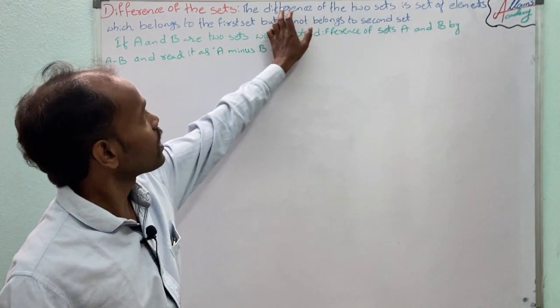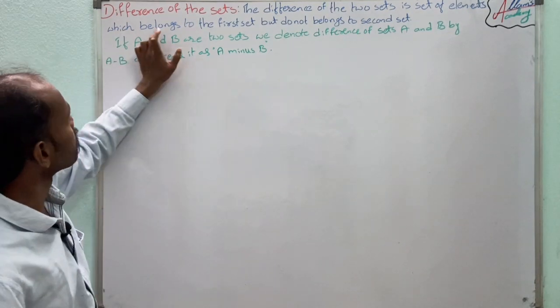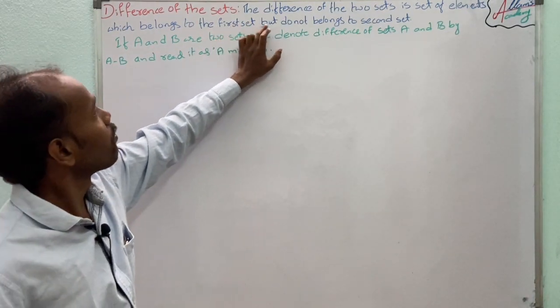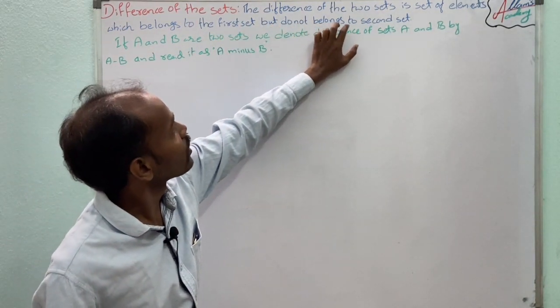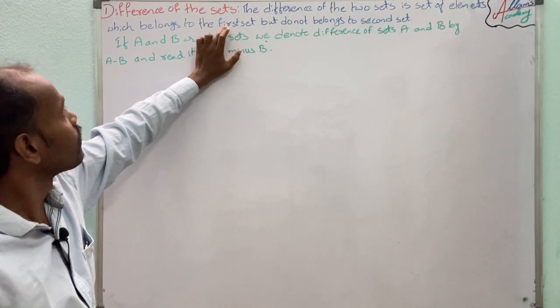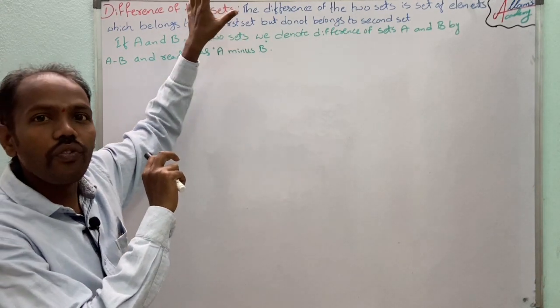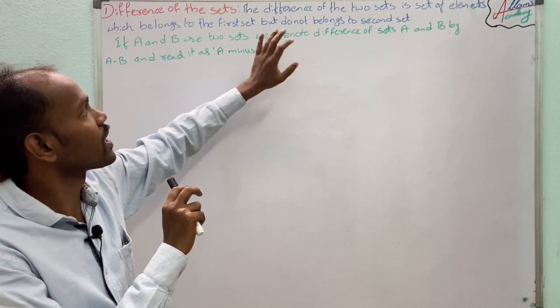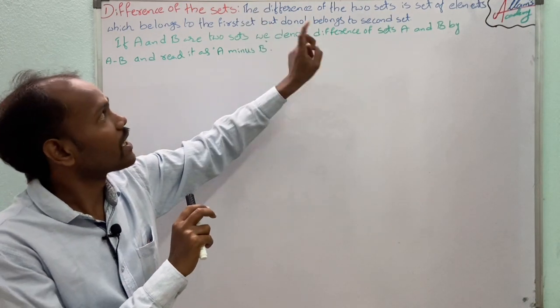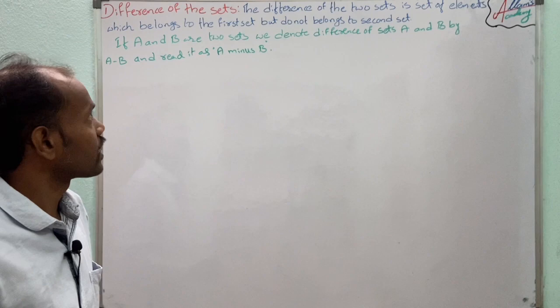So the difference of the two sets is the set of elements which belong to the first set but do not belong to the second set. In the first set, only the elements that belong to the first set are taken, and the common elements do not belong to the second set.